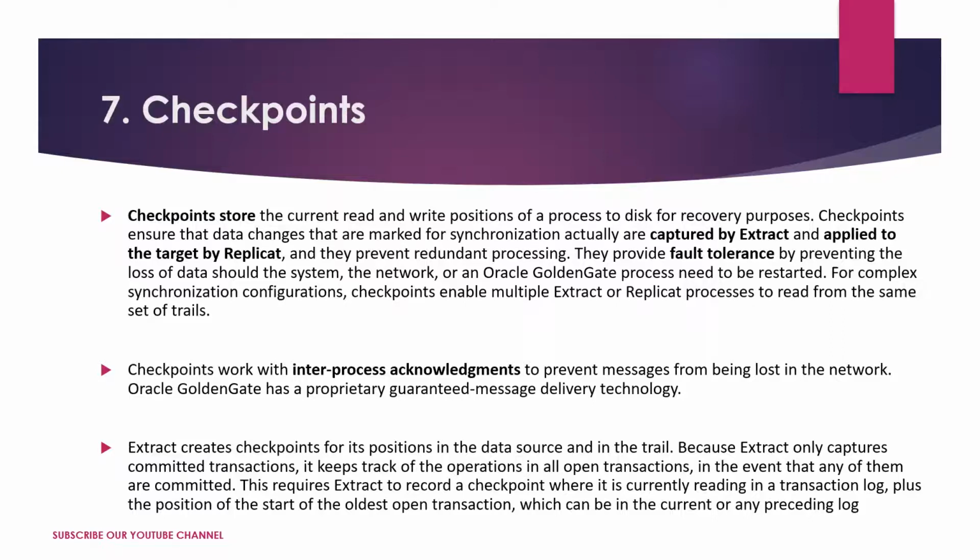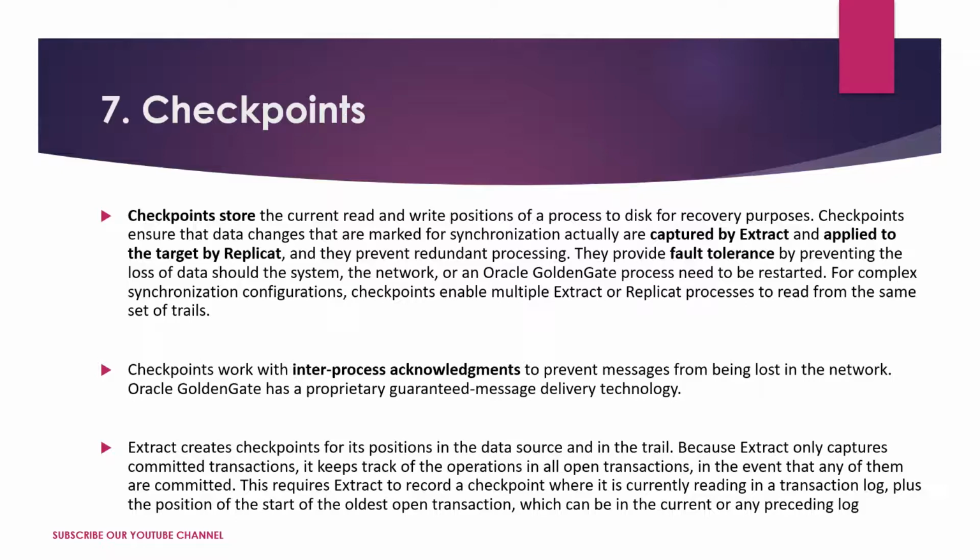So moving further, we have the checkpoint. It stores the current read and write position of a process to the disk for recovery purposes. Checkpoints ensure that the data changes that are marked for synchronization are captured by extract and applied to the target by the replicates, and they prevent redundant processing. They also provide fault tolerance by preventing the loss of data.